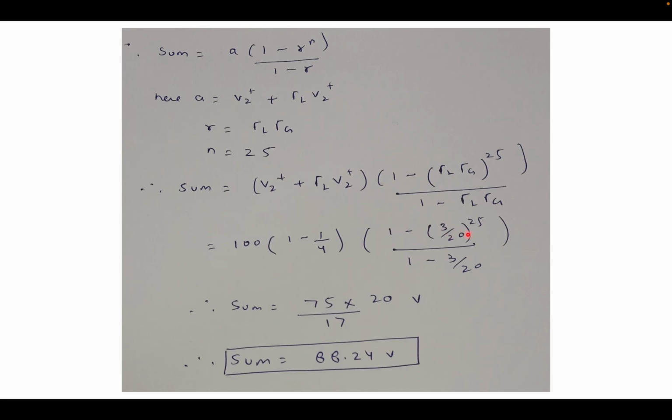And here you can take the v2 plus out, so it's 100 times 1 minus 1 by 4 times 1 upon 1 minus 3 by 20, right? From here you can calculate the net voltage at t is equal to 100 microsecond by solving this geometrical progression, and you can see the sum is close to 88.24 volt.